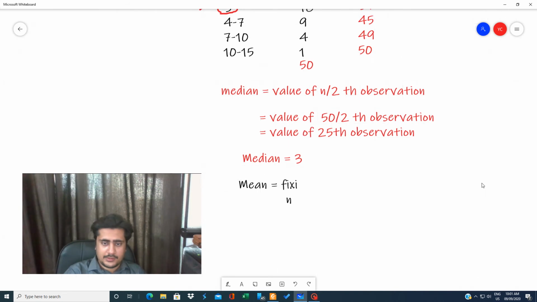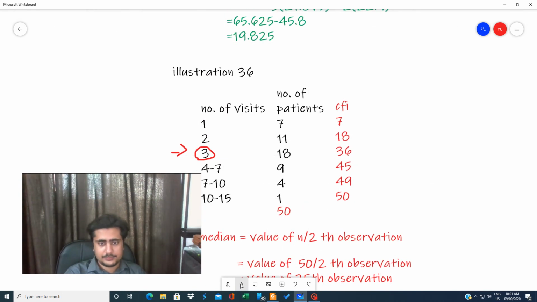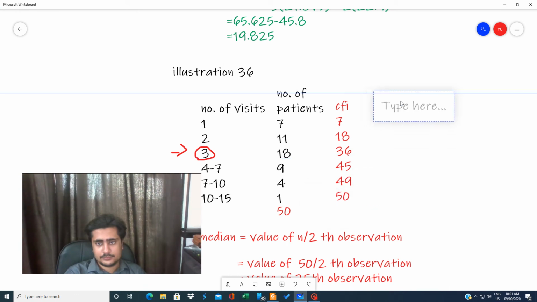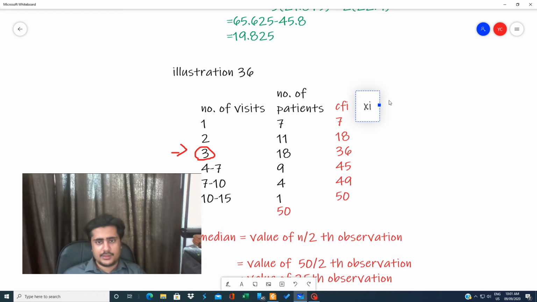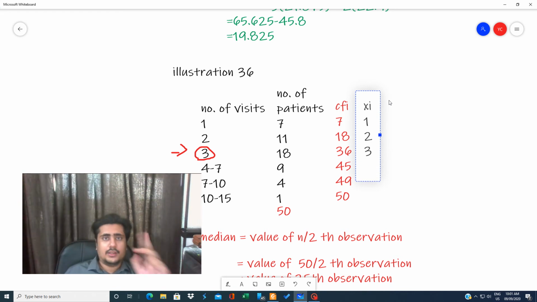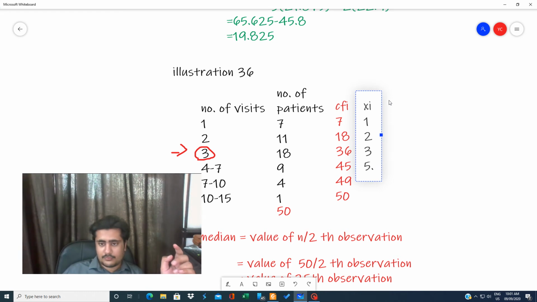I don't have the sigma sign on this whiteboard. For this you need xi. Frequency is already given, so it's 1, 2, 3. Now for 4 to 7, the mid value is 4 plus 7 by 2, 5.5.